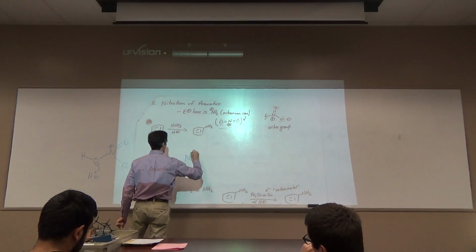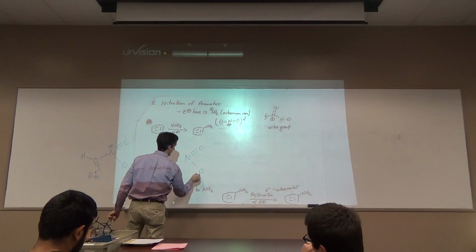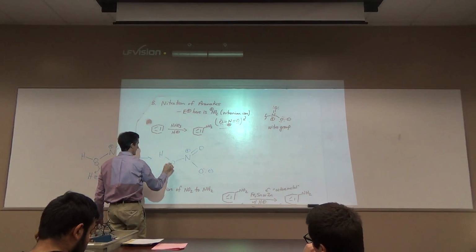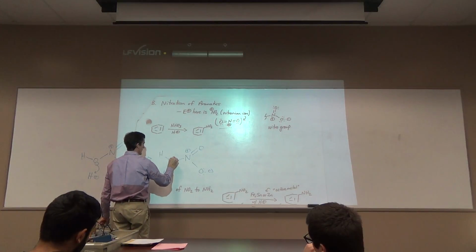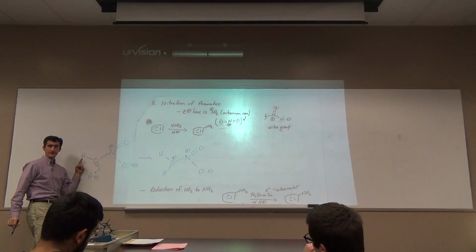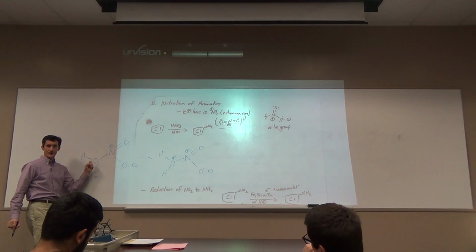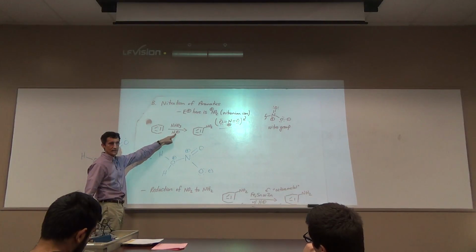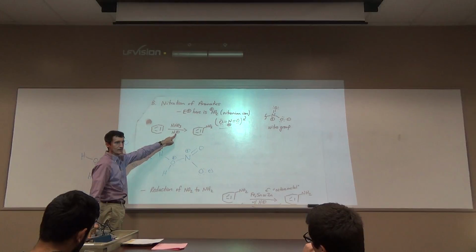And we end up with this. Now, what's odd about this? This is a pretty strong acid. We're protonating a pretty strong acid. First off, what type of acid would you use for this? Give me an example. Strong acid.